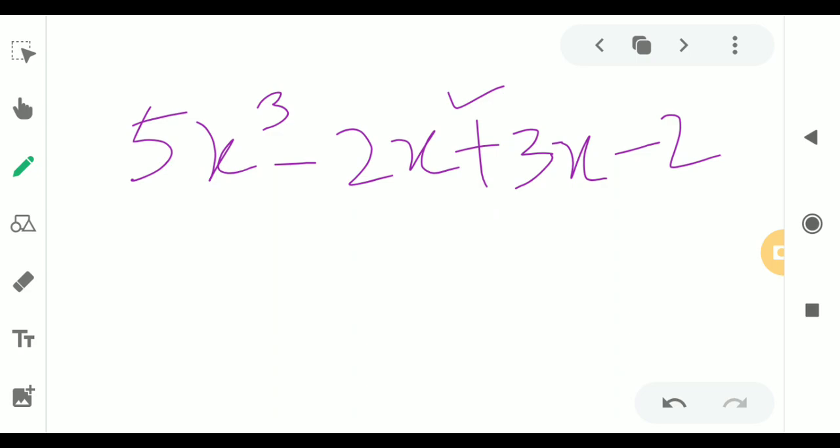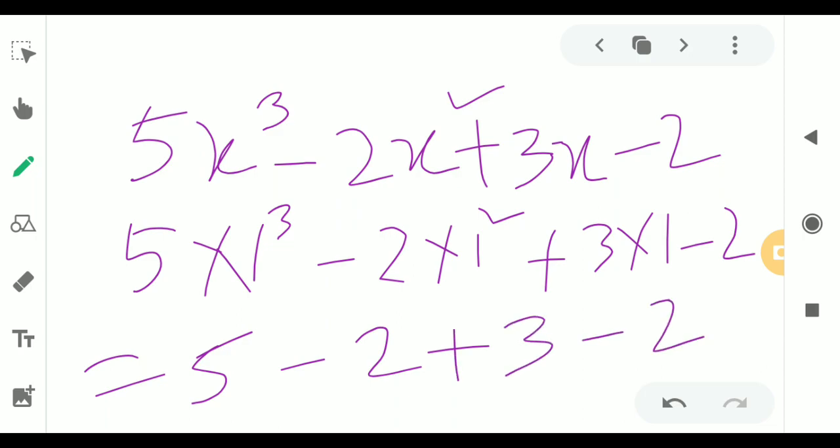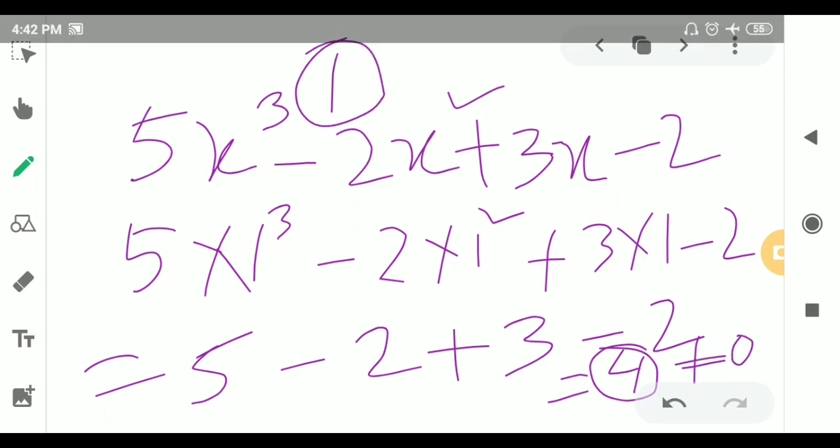If we take x equals to 1, the answer will be 5 into 1 cube minus 2 into 1 square plus 3 into 1 minus 2. 5 into 1 cube means 1. So 5 ones are 5 minus 2 plus 3 minus 2. So 5 plus 3, 8. 8 minus 2, 6. 6 minus 2, 4. So answer is 4. Answer is not equals to 0. So we can say that 1 is not a 0 of this polynomial.